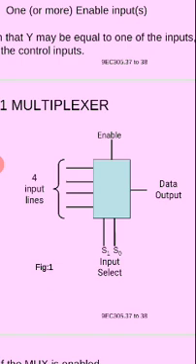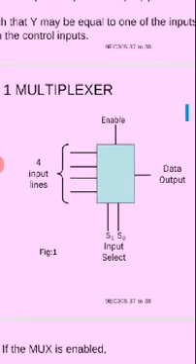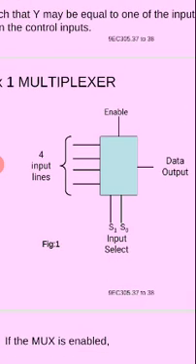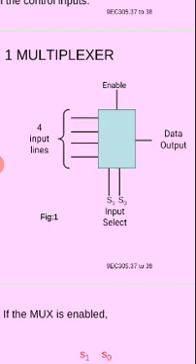It has 4 input lines, two select lines S1, S0, data output is 1, and one enable input.